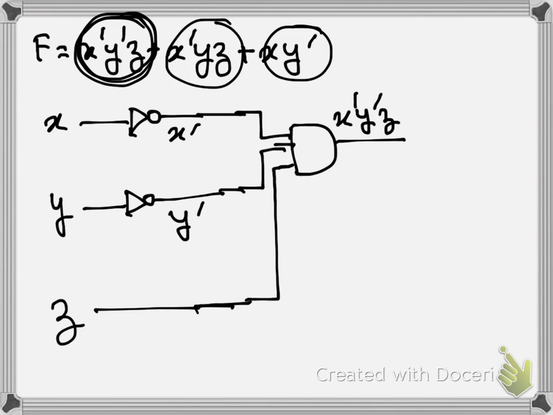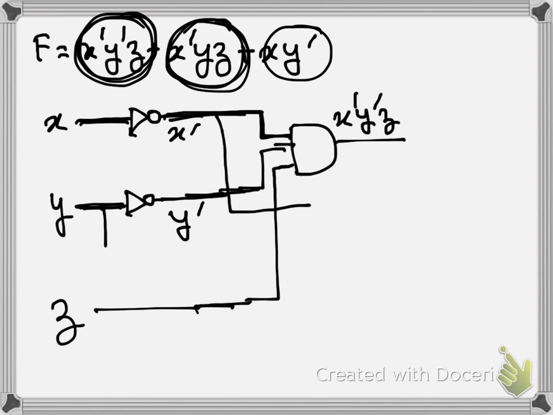Now the second term is x dash y z. So x dash is coming from here. I don't need to write x dash again, so whichever is here, this is x dash, and what is on this side is your x. So I need x dash. I need y. This part is y dash, so this part is y. So I will bring y here.